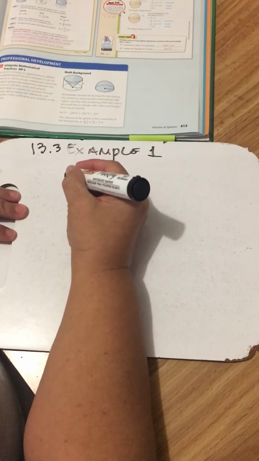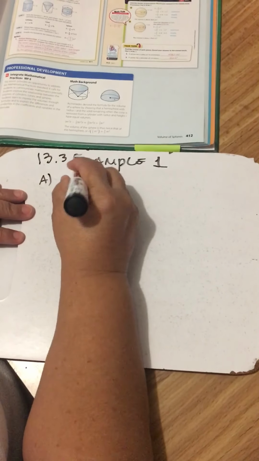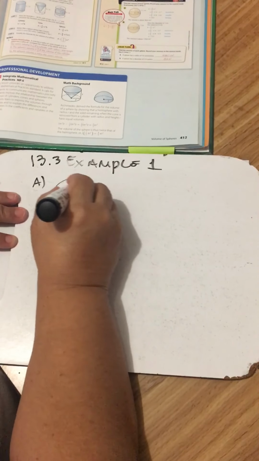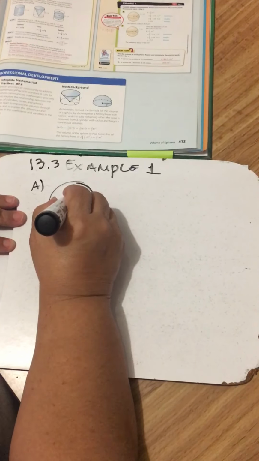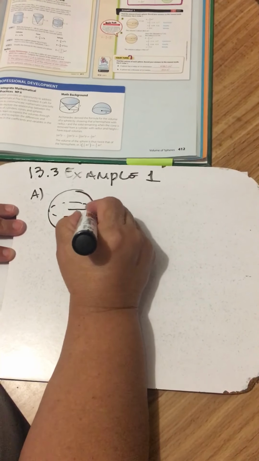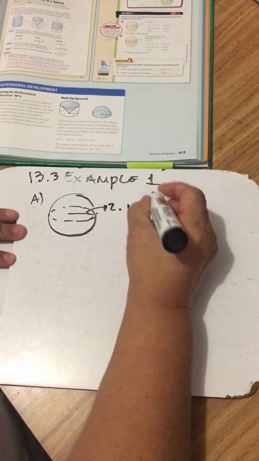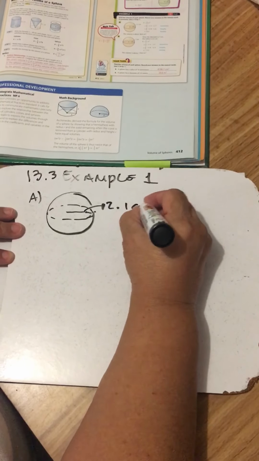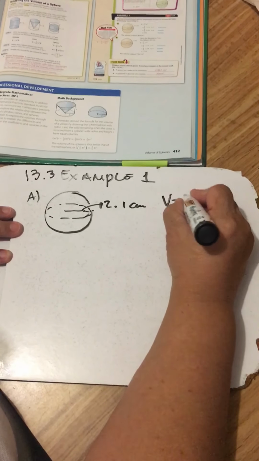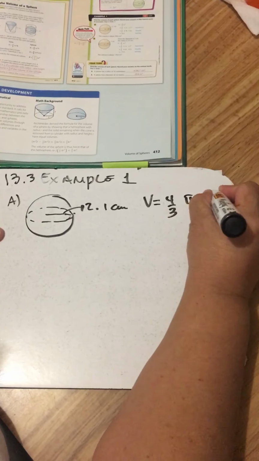Now we're going to find the volume of a sphere using a formula. Part A says we have a sphere with a radius of 2.1 centimeters. We have the formula, volume is equal to 4/3 of pi r cubed.